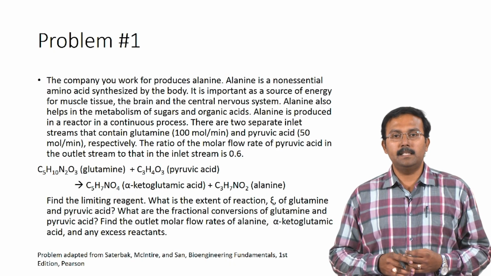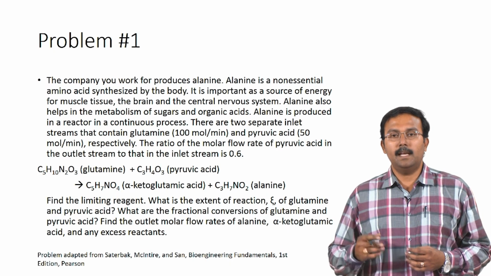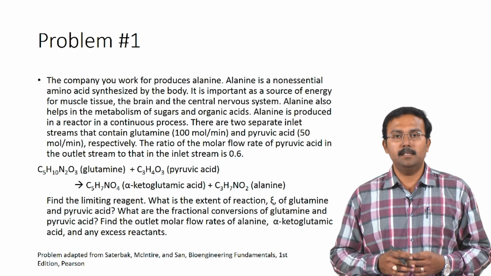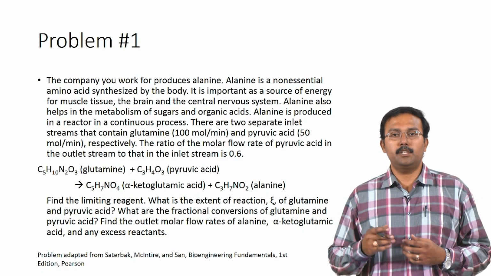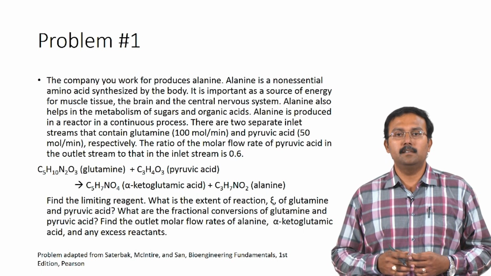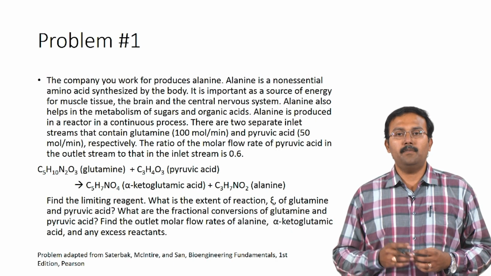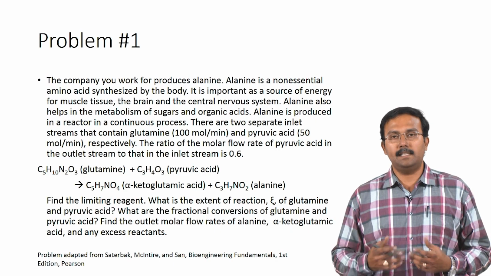Find the limiting reagent. What is the extent of reaction xi for glutamine and pyruvic acid? What are the fractional conversions of glutamine and pyruvic acid? Find the outlet molar flow rates of alanine, alpha ketoglutamic acid and any excess reactants.